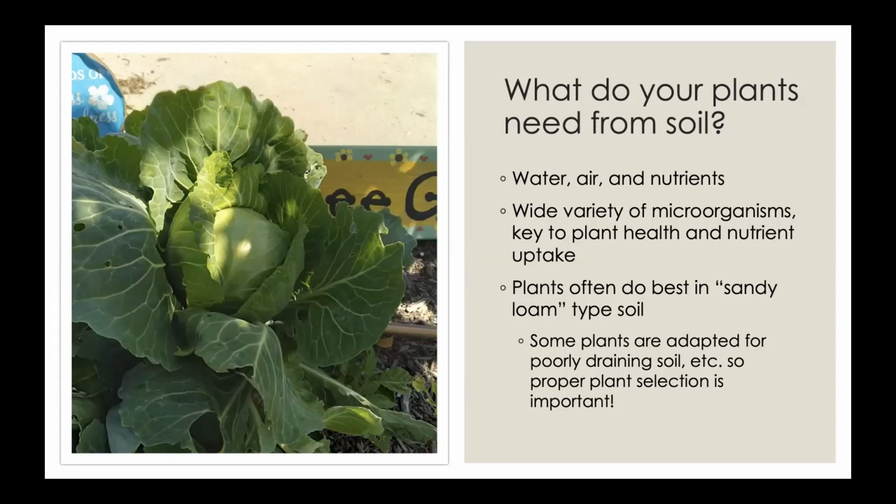So just Google soil jar test and you'll find all kinds of details and instructions. One thing to note is some plants actually do well in poor soils, particularly natives. So it's important to choose the right plant for your conditions or make the conditions right for what you intend to plant.